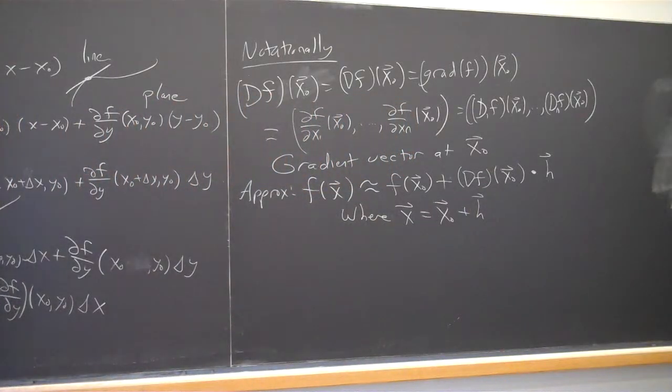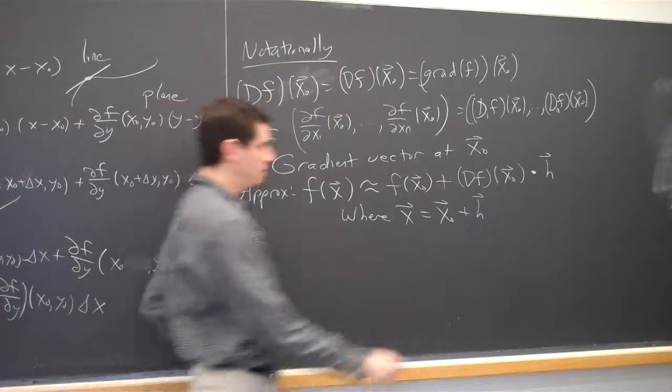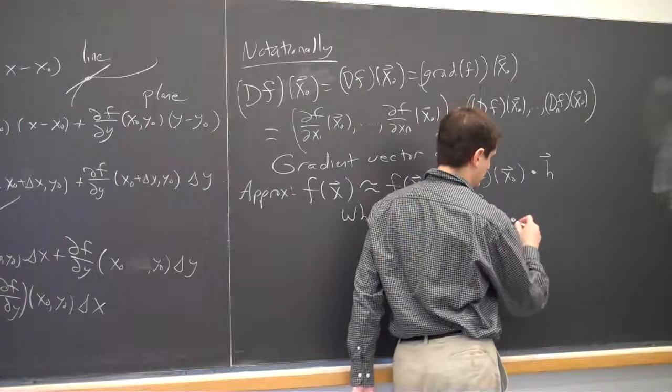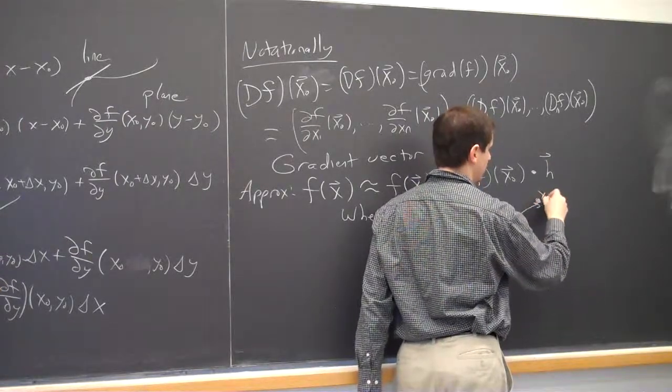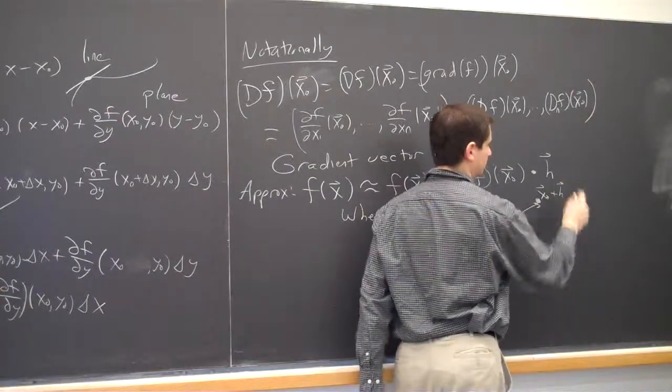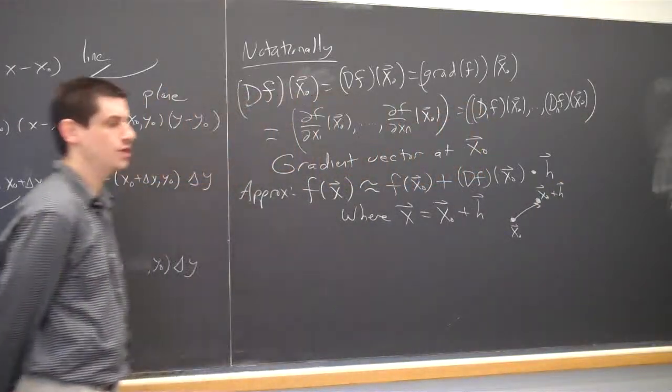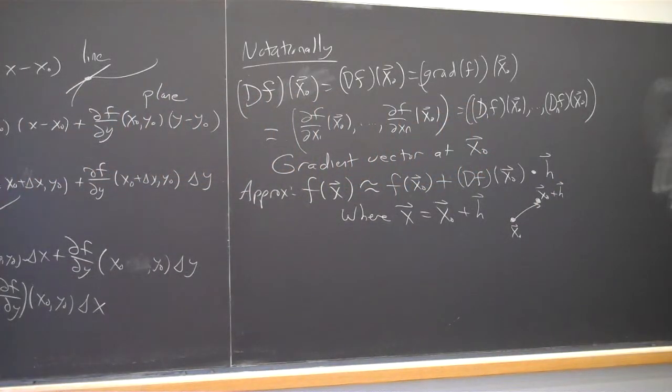So we're using h to represent small little changes. So I start off with the vector x naught. Here's my x naught, and I move a little bit to some point x naught plus h. Think of h as a small amount of movement.